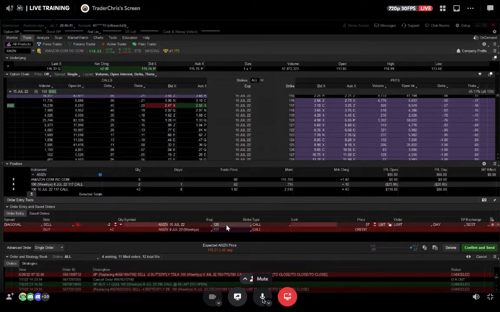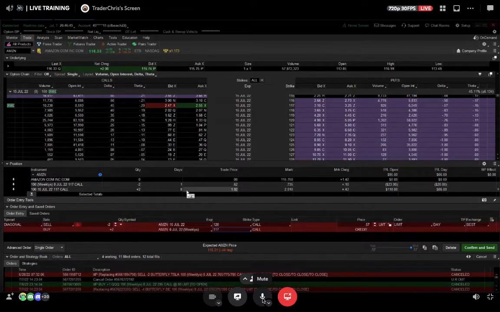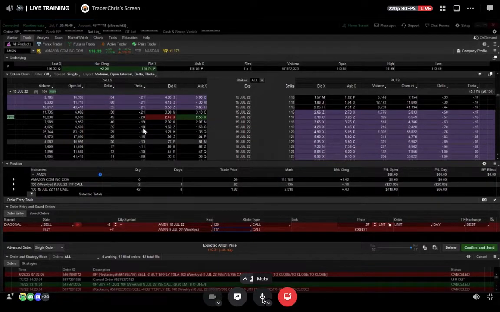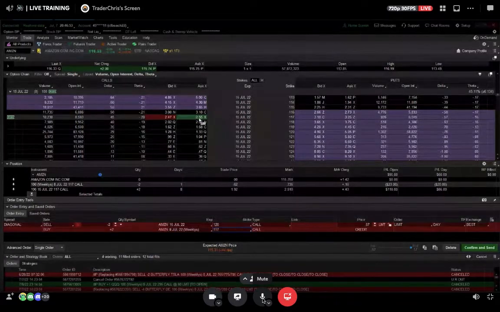117 to 120. But what this isn't calculating is the fact that the 117 that we're long, it's at 255. To sell it right now, you get 247 for it, right?